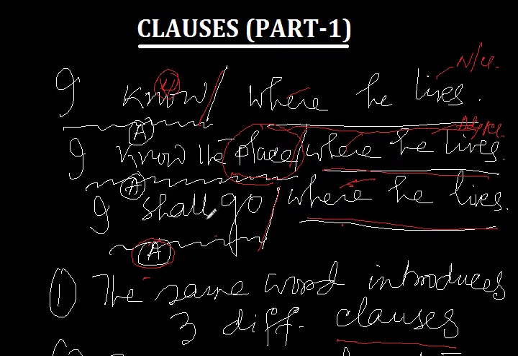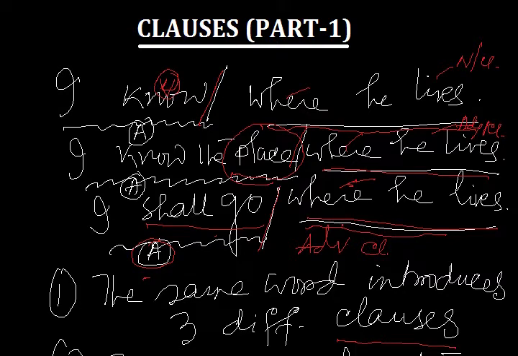Now look at the last sentence. I shall go where he lives. Now this part, where he lives, modifies the verb shall go. It tells us the place. So it's a subordinate clause, but since it functions as an adverb, we say it is an adverbial clause.